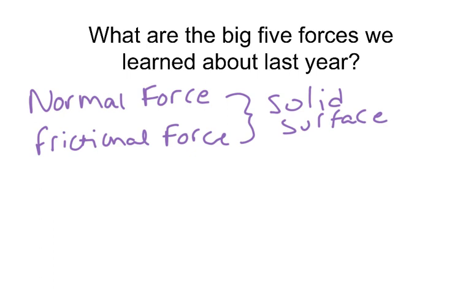The normal force is the force provided by the surface. It's perpendicular to the surface. The friction is that interaction between two surfaces sliding against each other, and that one is drawn parallel to the surface. And it also opposes motion.